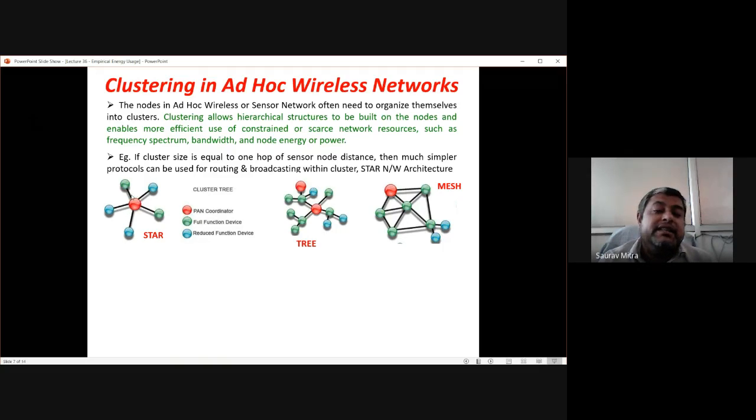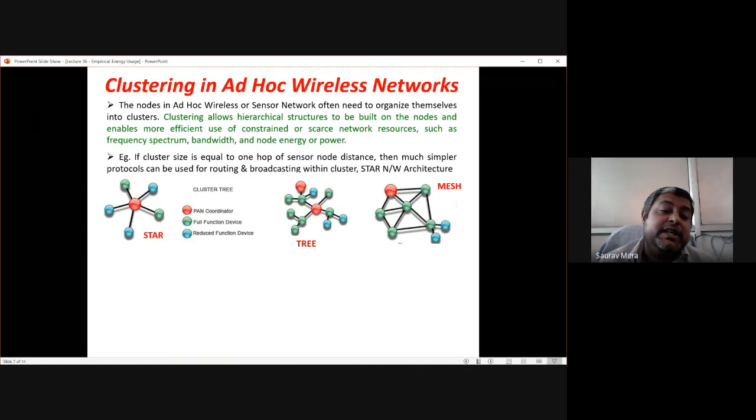In this case, all these are different fully functional and reduced functional devices. This is the coordinator at the center, the green nodes are fully functional devices, and the blue are reduced functional devices. Within this small six node network, we have divided the functionality into three different tiers.